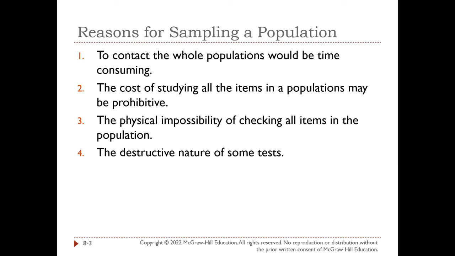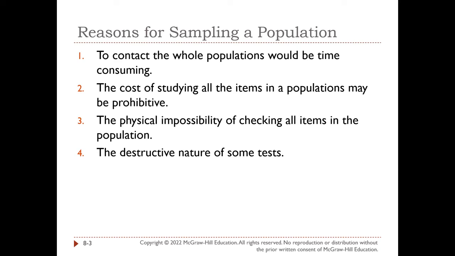So we will sample, and what we do is use the different methods to help calculate probably a good estimate of what overall the population would be. This is where you get a lot of polling from, like with political and stuff like that.